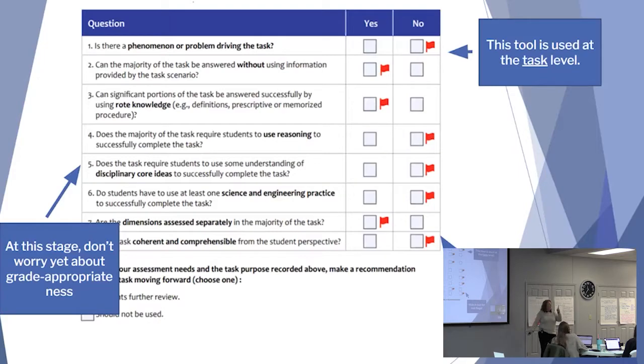But if my goal with that task is to see if students understand experimental design, it's doing what I want it to do, so that task is fine. This is what I mean when I talk about a gray area. All right, so it's not cut and dry. You have to take those purposes into account when utilizing this tool.